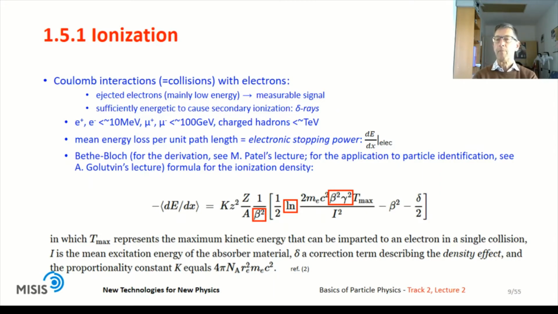However, since there are many of these electrons around, you can actually measure the signal and you can measure the energy that is deposited by ionization.